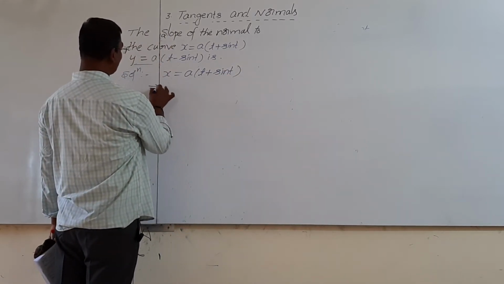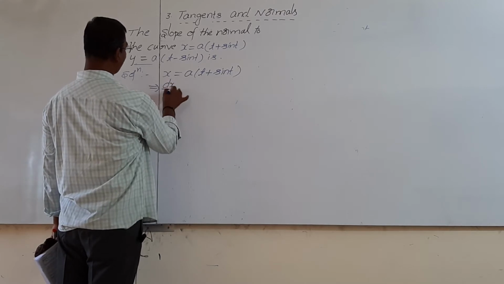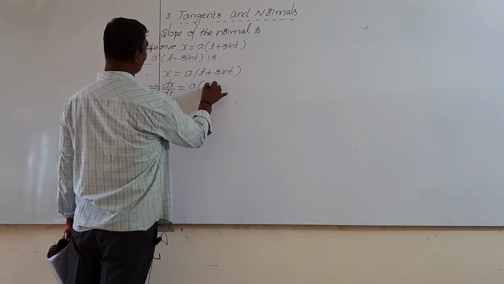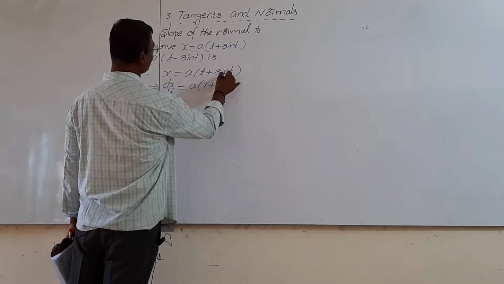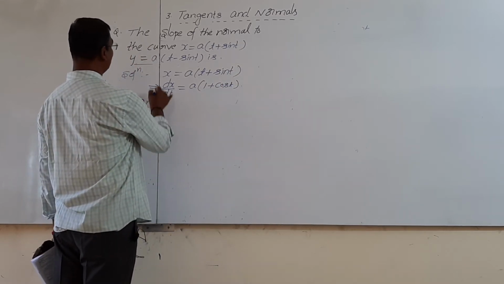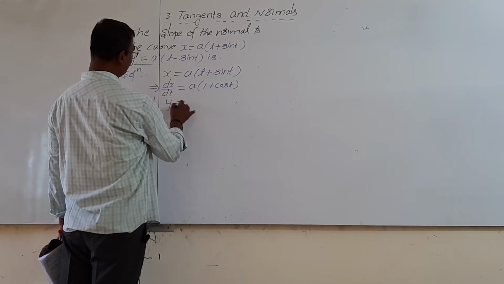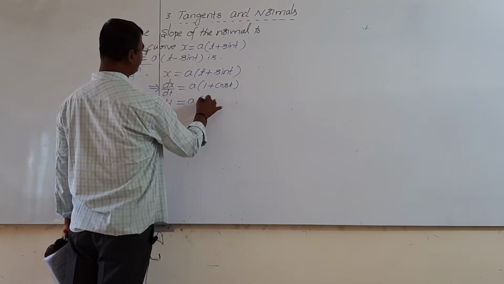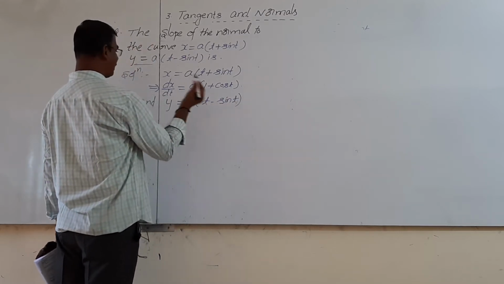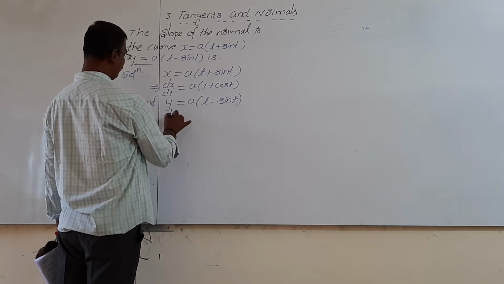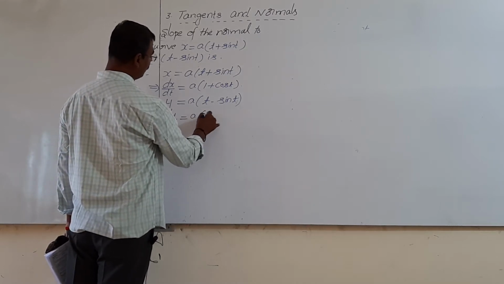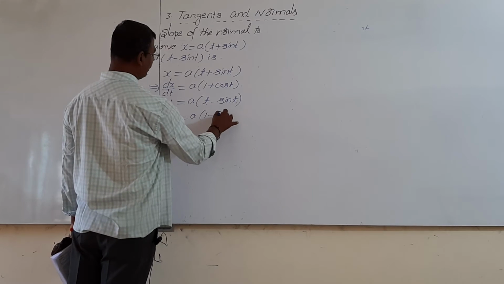Differentiating with respect to t, dx by dt equals a bracket of 1 plus the derivative of sin t, which is cos t, we know. And also you take the second equation, y is equal to a bracket of t minus sin t. Apply differentiation again with respect to t. We get dy by dt is equal to a bracket of 1 minus cos t.